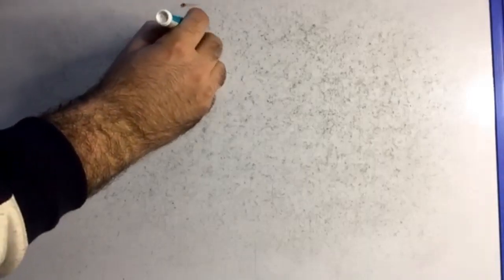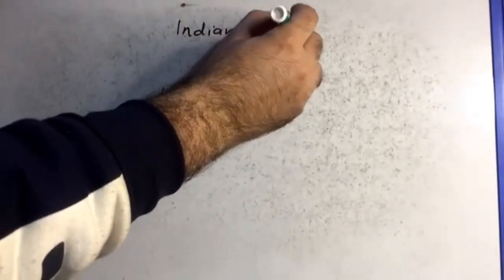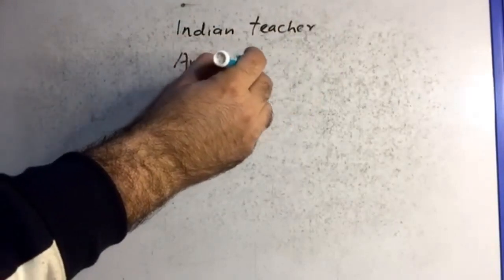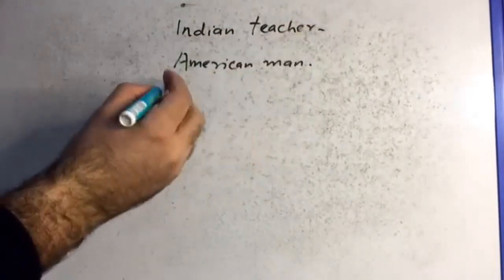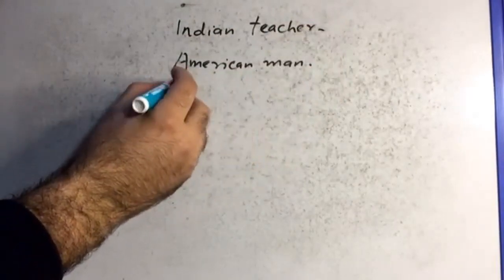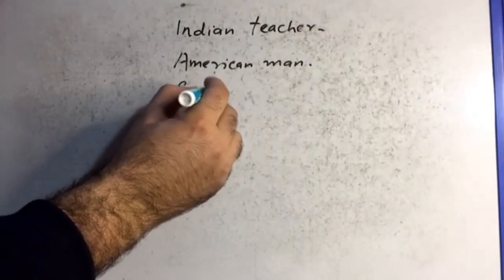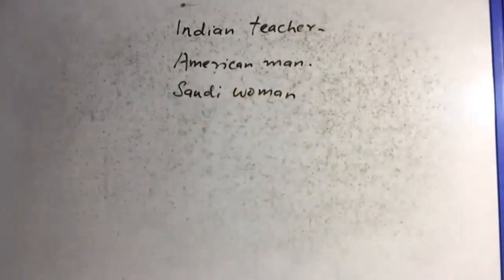For example, अगर मैं बताऊं Indian teacher, American man, ठीक है, या मैं बोलूं Saudi woman, तो यहाँ पे nouns हैं teacher, man, woman, ठीक है.